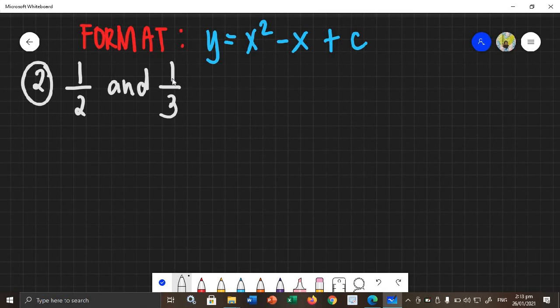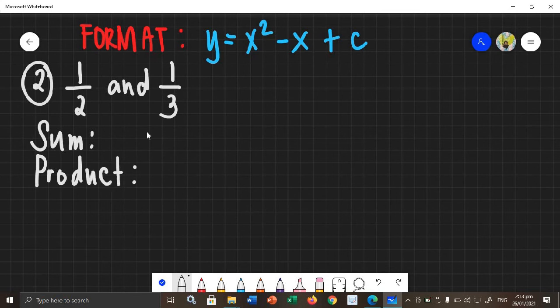So, first, of course, hanapin yung sum and product. So, para hindi na kayo mag-manual na solve, pwede kayo gumamit ng calculators.